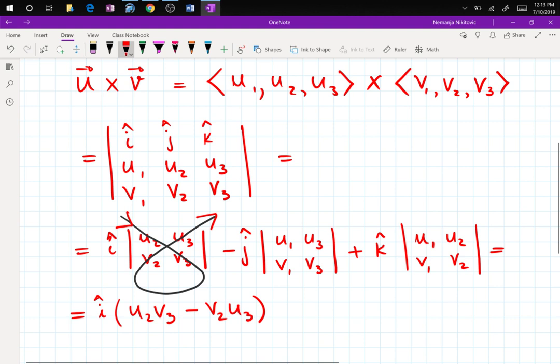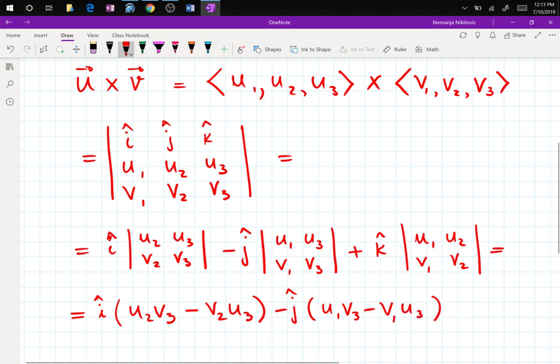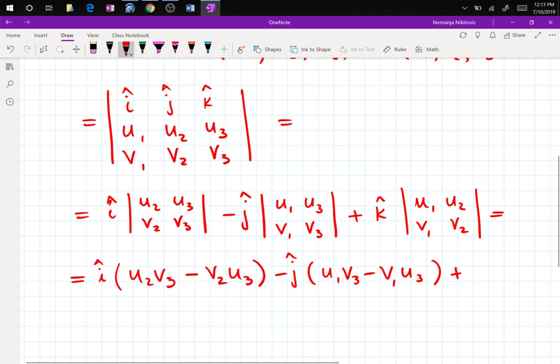So U2 times V3, over here is flat, so it's like a minus, and then you have your V2, U3. Just by placing this symbol through, you quickly come up with what you are supposed to calculate. So next one is minus j. You go with the same symbol, so U1, V3, minus V1, U3, and finally plus k, which would be U1, V2, minus V1, U2.